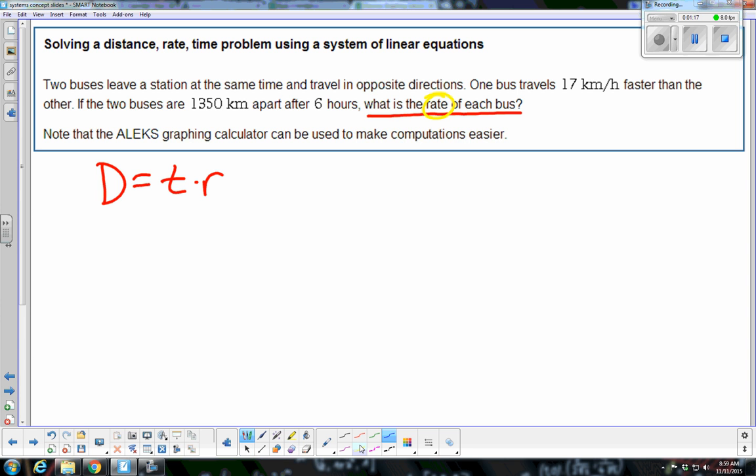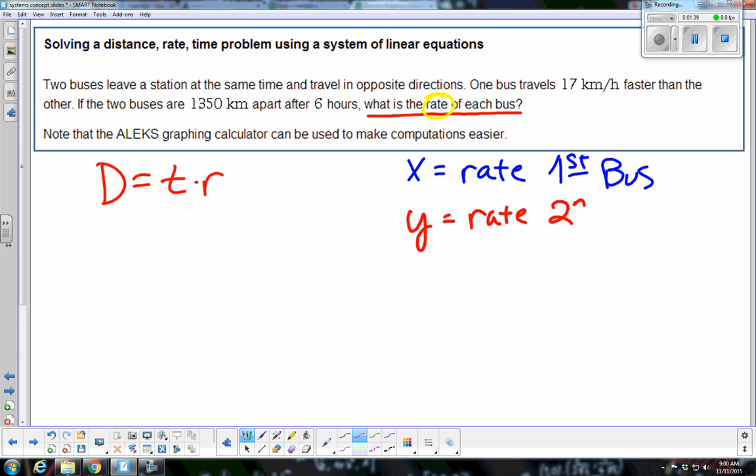I'm going to use X and Y. X is going to be equal to the rate of the first bus, and Y is going to be equal to the rate of the second bus, okay? So that's their rates.